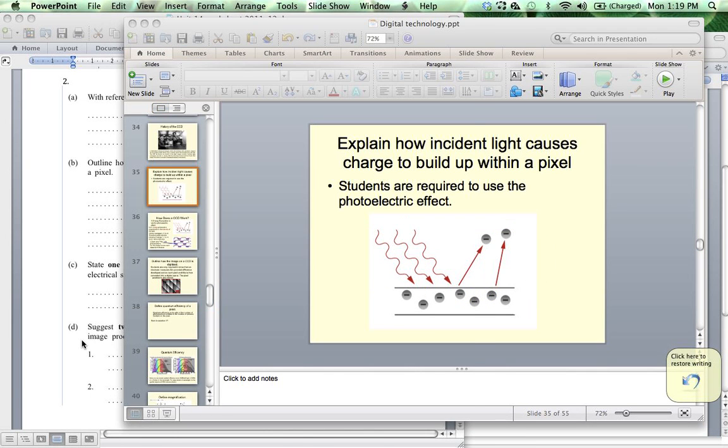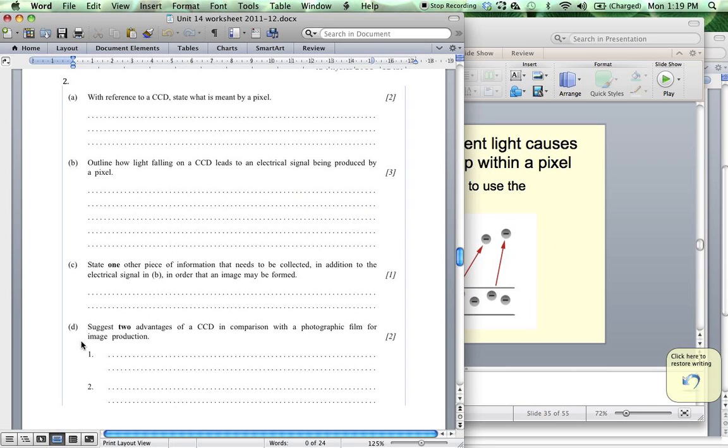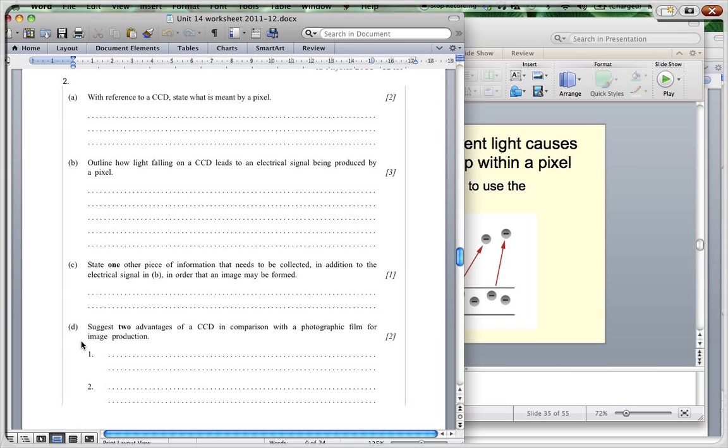So going back to the question, we have outlined how light falling on a CCD leads to an electrical signal being produced. The photons cause the emission of electrons and it forms holes. This change in the potential difference develops across the pixels: the electrons jump off here, this becomes negative, and this becomes positive with your electron holes.